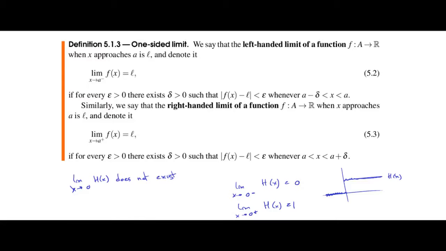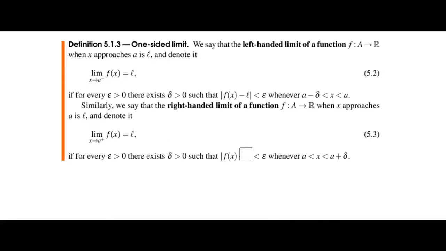But this is not only true for this function, this is general. So in order for the limit when x goes to A of f of x to exist, and this is an equivalence, it's easy to prove, we have to have that the limit from the left and the limit from the right are equal and equal to L, okay?